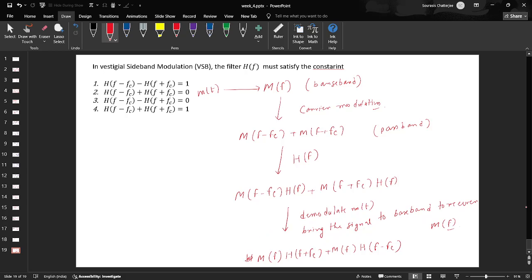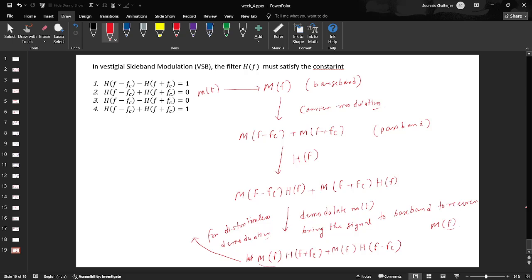Now, for distortionless demodulation, what do we need?